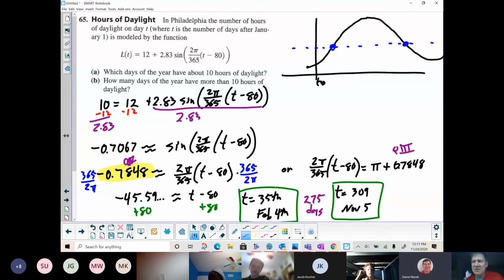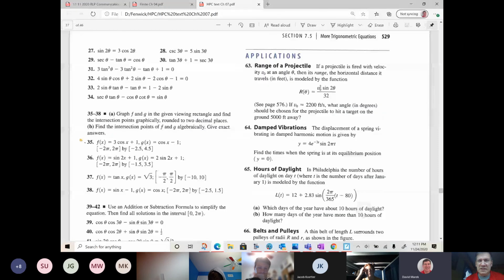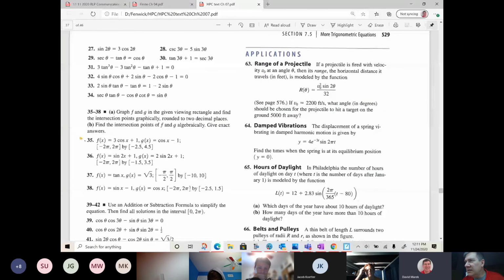If we really absolutely need to, we could take a little bit of time next class. If you have more problems that you want to go through, I imagine somebody was going to ask about, what was it? Yeah, 63, the firing of the artillery.